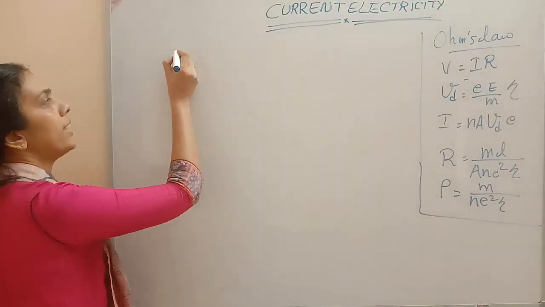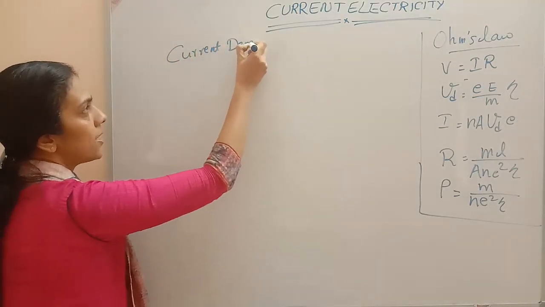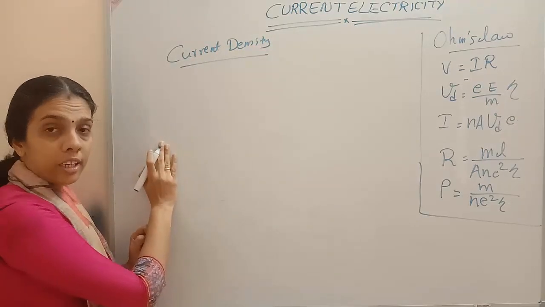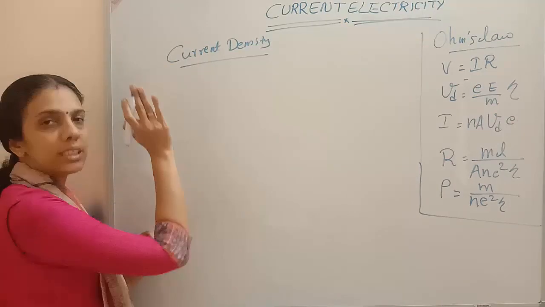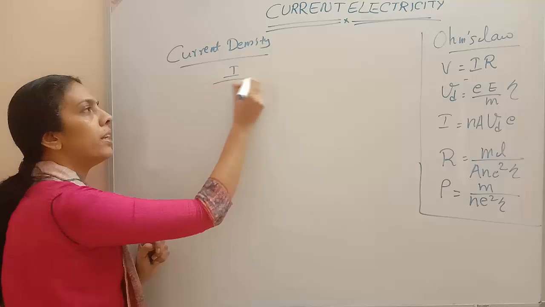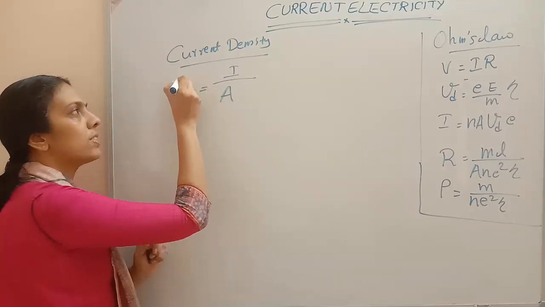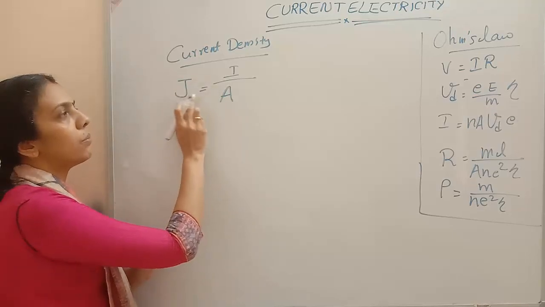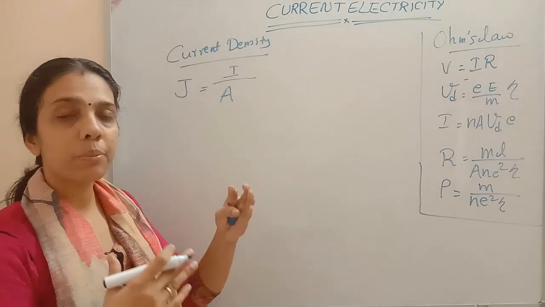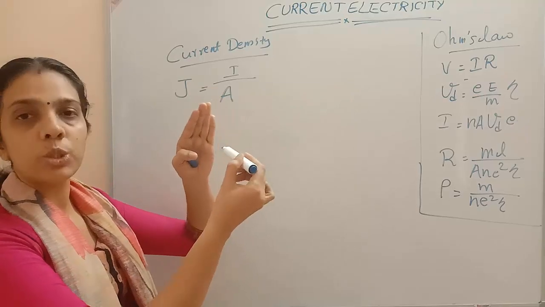Clear? So next we are going to study current density. What is meant by current density? Current density is the amount of current flowing per unit area through the conductor, that is I by A. Its representation is J, so J will be equal to I by A. Area always acts normal to the surface.